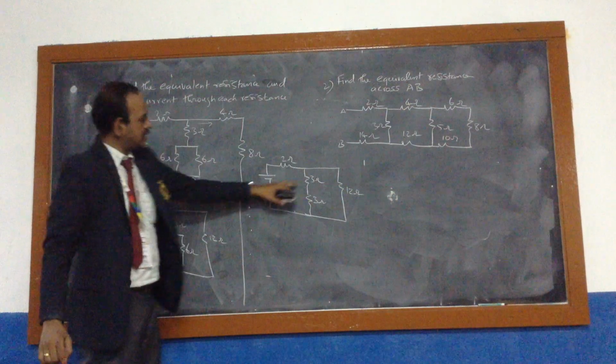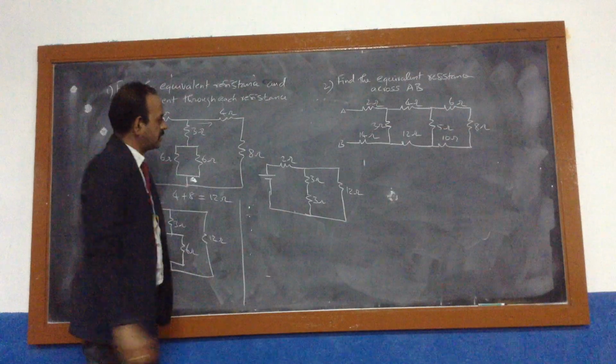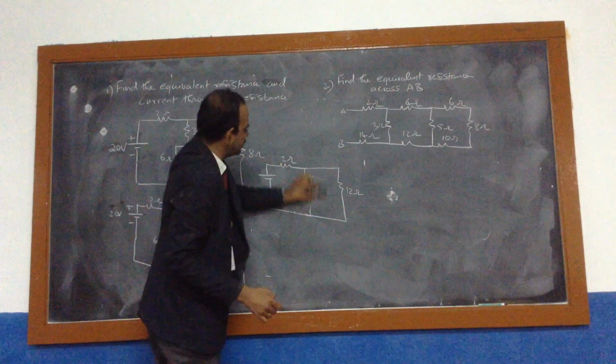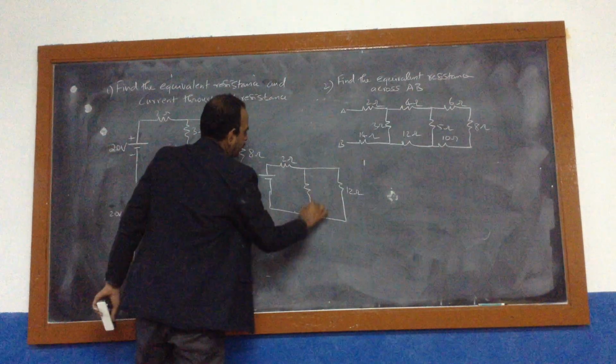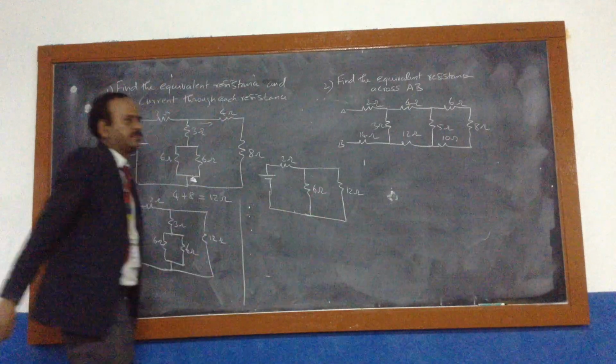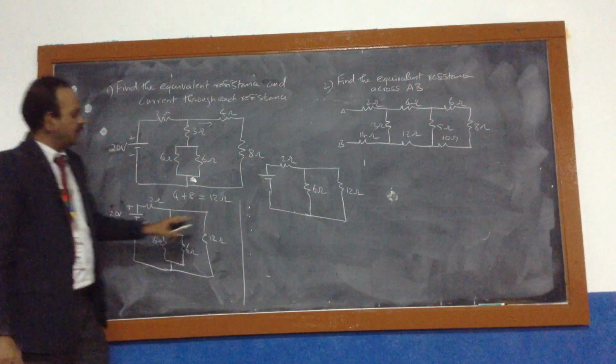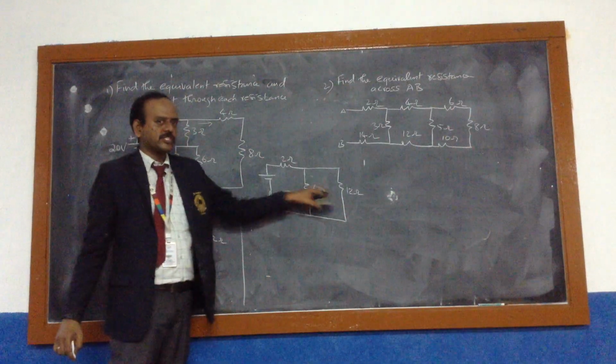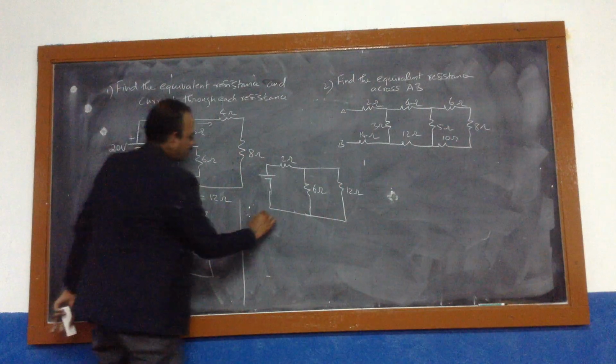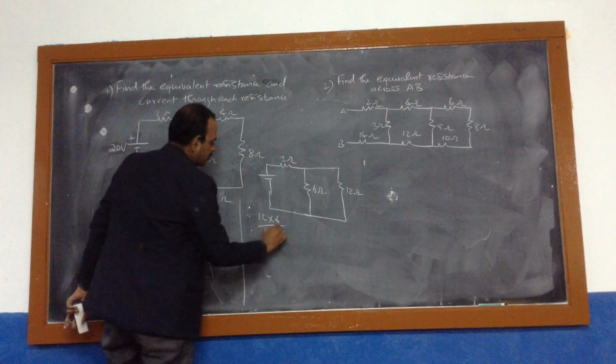This 3 and 3 are in series, so we can make it a 6 ohm. Now we have 12 ohm and 6 ohm. These two are in parallel. We take parallel: 12 into 6 by 12 plus 6.